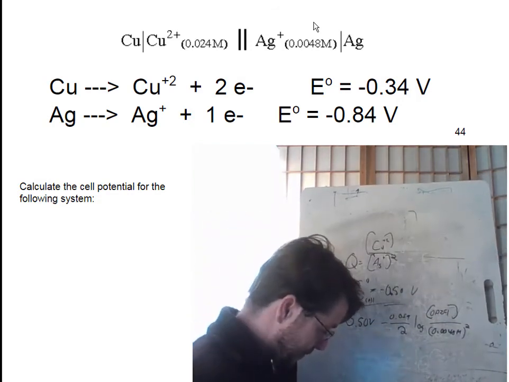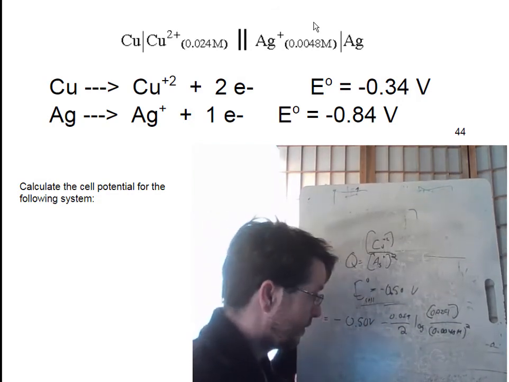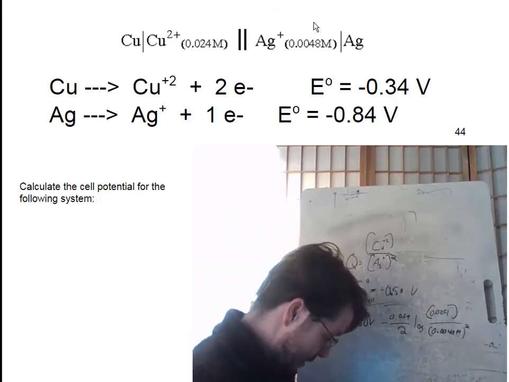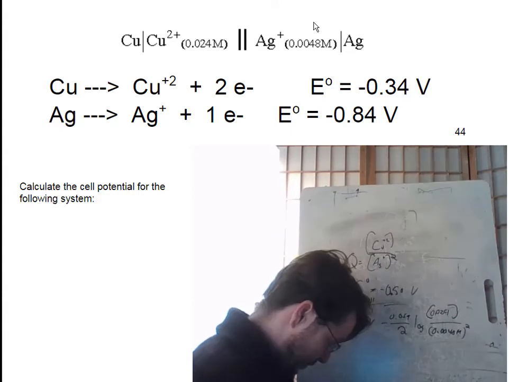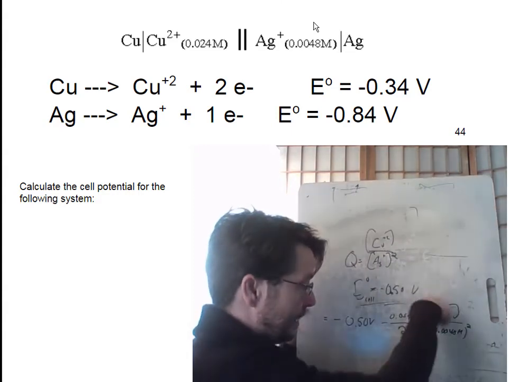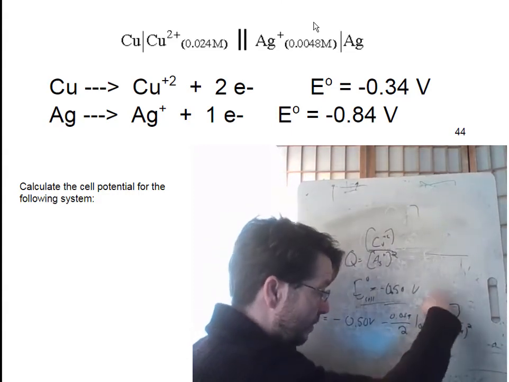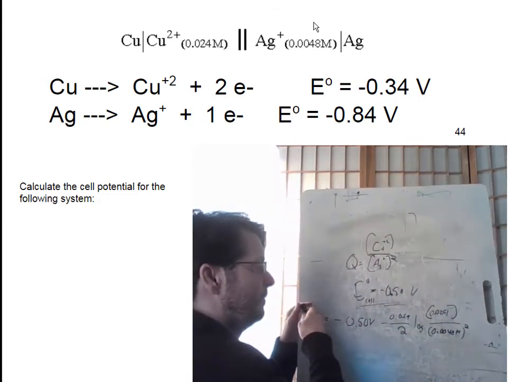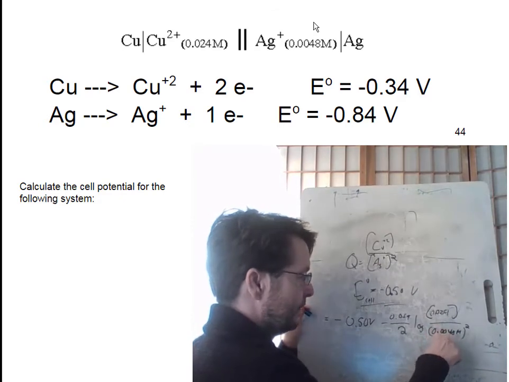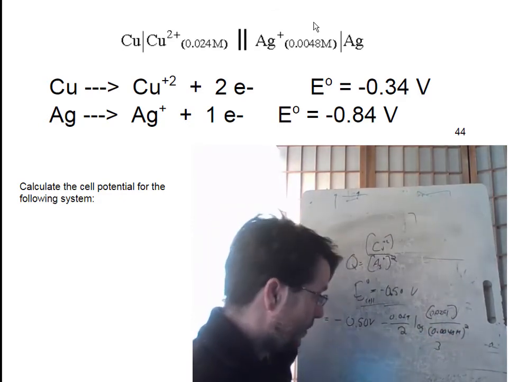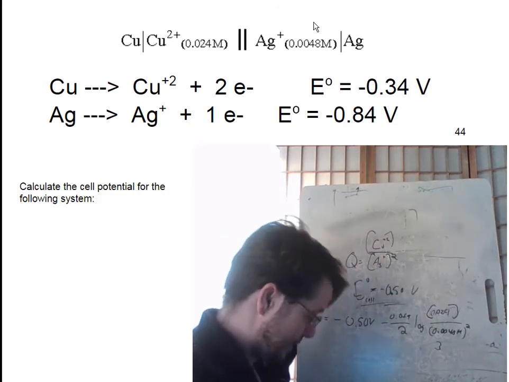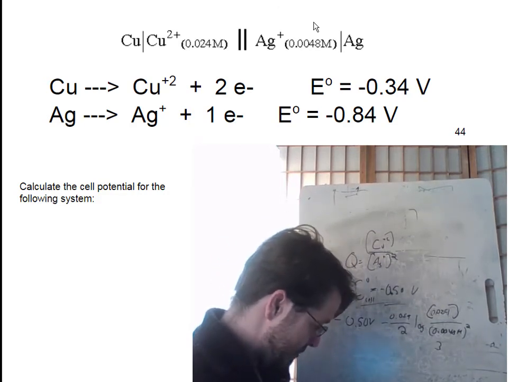So I will combine all these into a final number, 0.024. So I get about 1,000 for this combined number. We'll take the log of that. The log of that is 3.0 times 0.059 divided by 2.